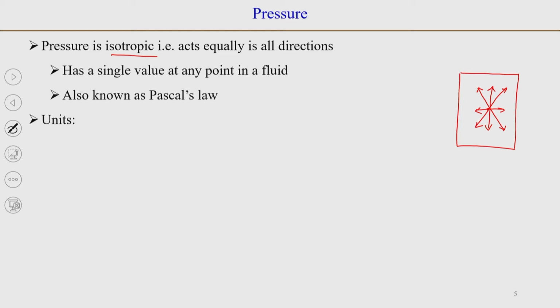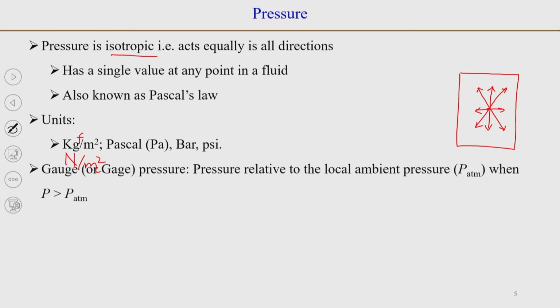Now, we know that pressure is force per unit area, so it can have different units. If you talk about kg force, then kilogram force per meter squared, or Newton per meter squared. It may have units of Pascal, bar or pound per square inch and so on.